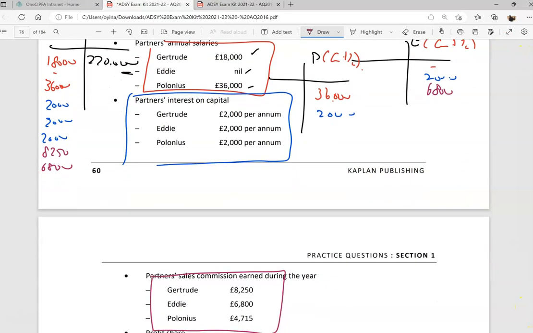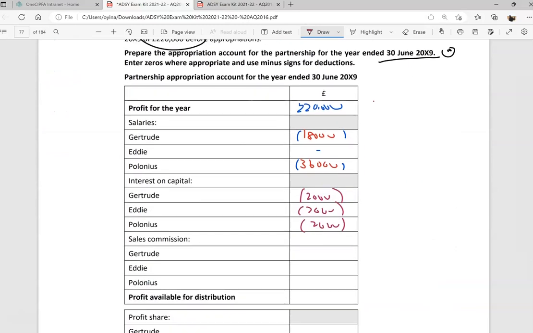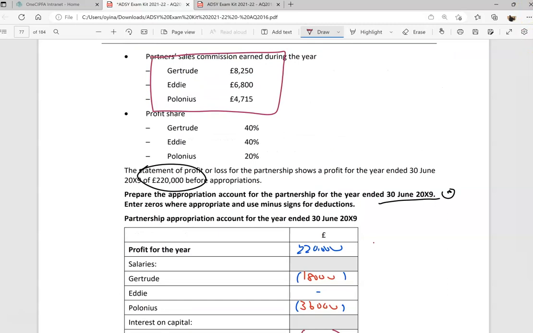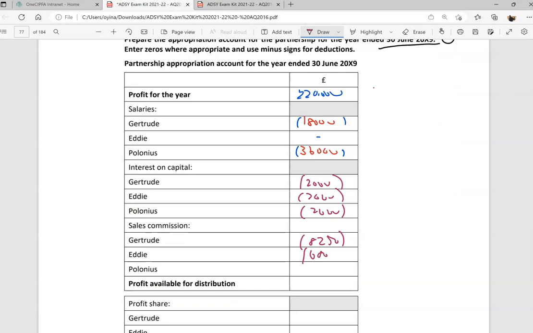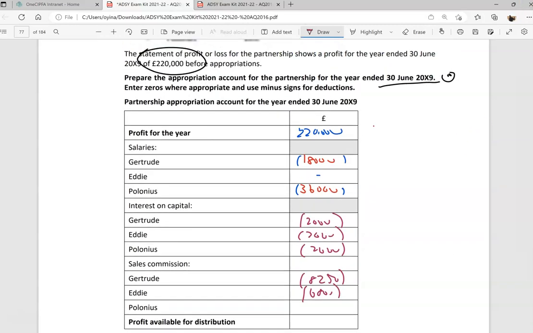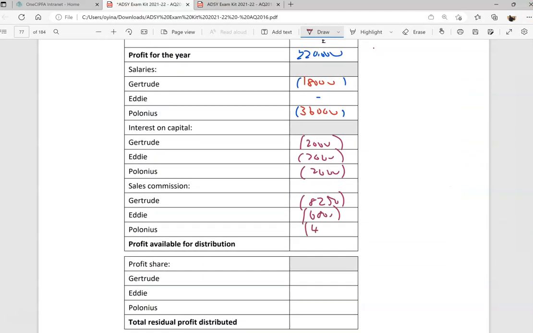And finally, Polonius, 4715. 4715. And if we repeat this process, 8250, 6800, 4715, 4715. Can you see that? So hopefully you can see where all our figures have come from.